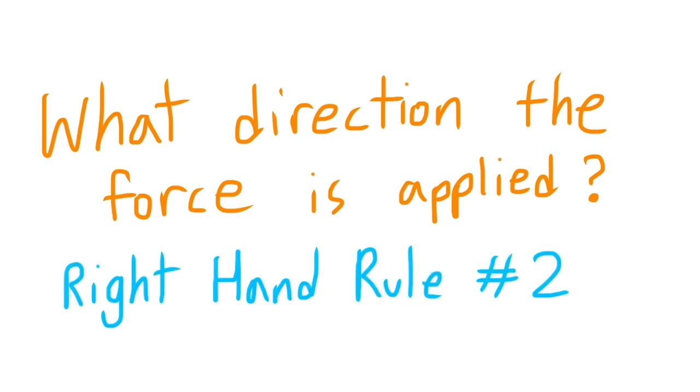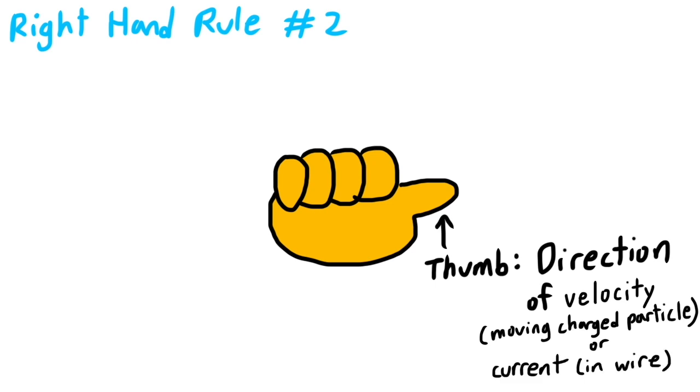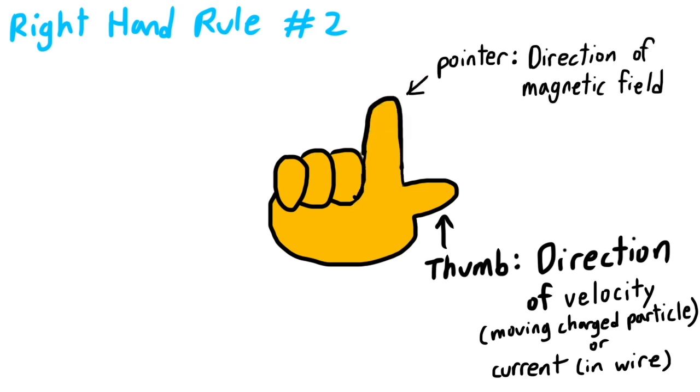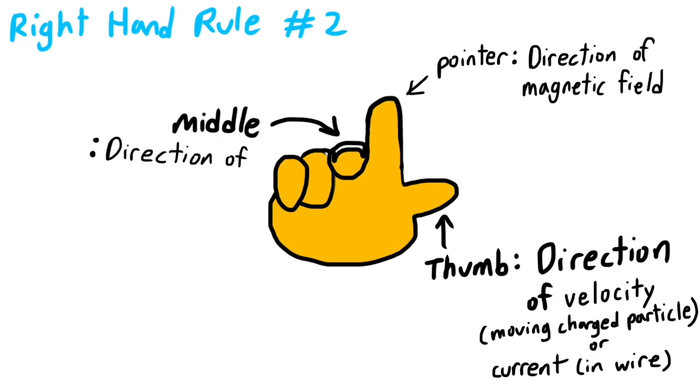We can use the right-hand rule number 2. Point your thumb in the direction of velocity of the moving charged particle or the direction of current in the wire. Then, point your pointer finger towards the direction of the magnetic field, and the middle finger will be the direction of force.